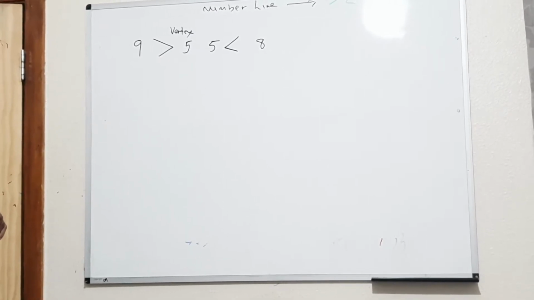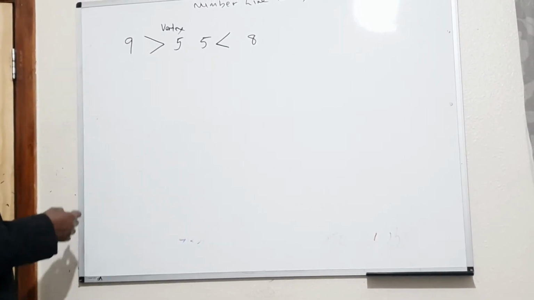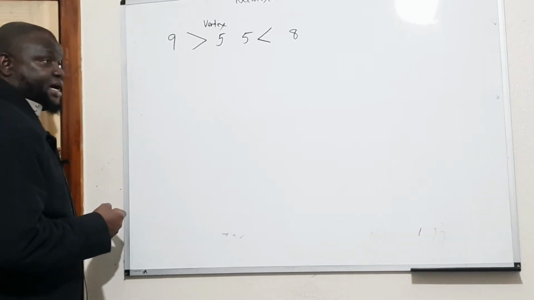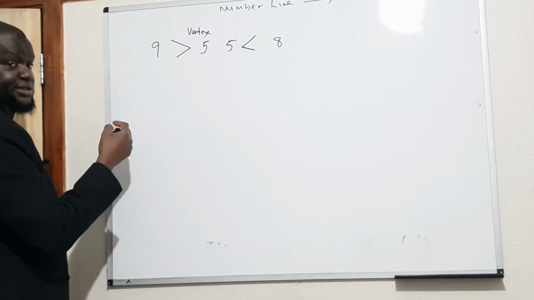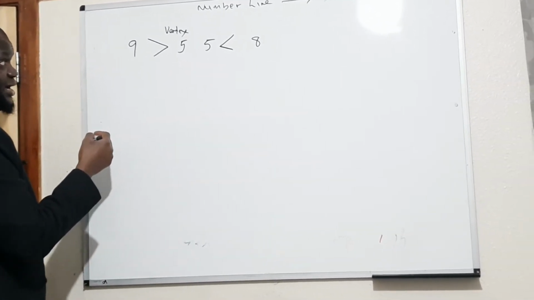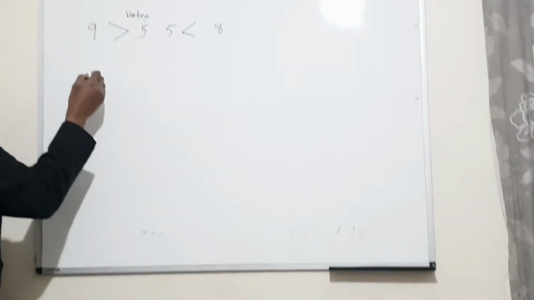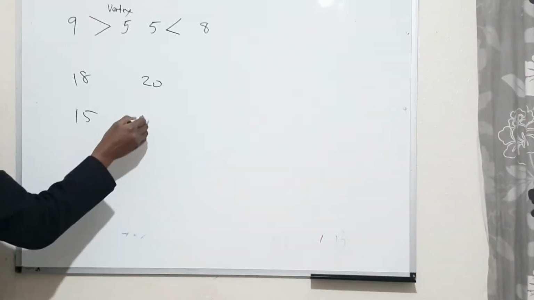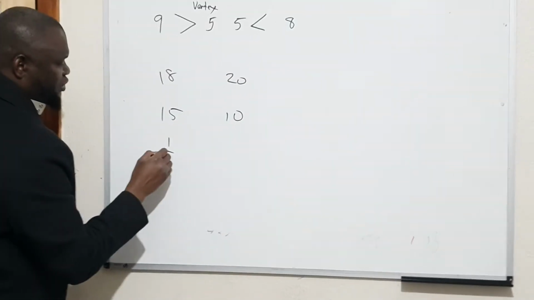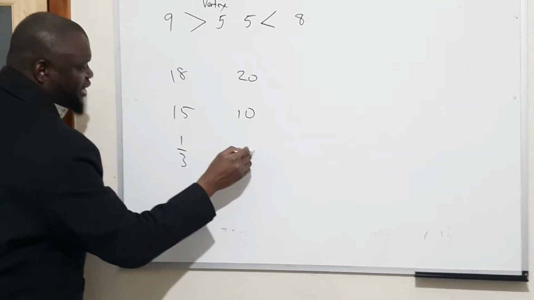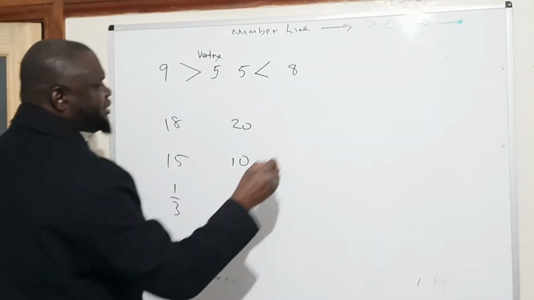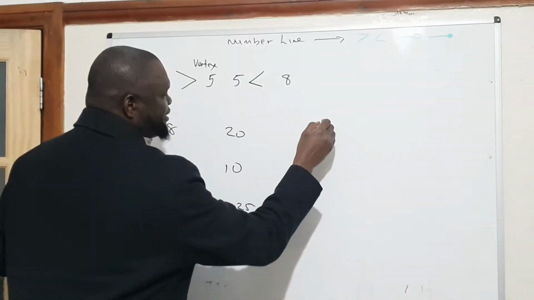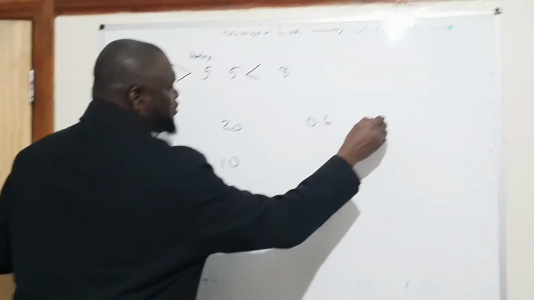You see? So this is very easy. What can come in the exam is they can put three numbers and say, put the right symbol. This will be on the stats, not GCSE. 18 and 20, 15 and 10, 1/3 and 0.25, 0.6 and 1/3.